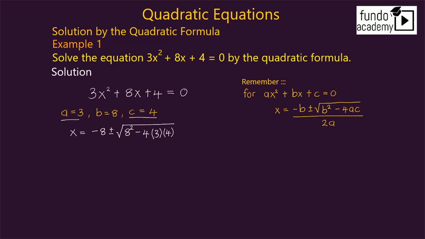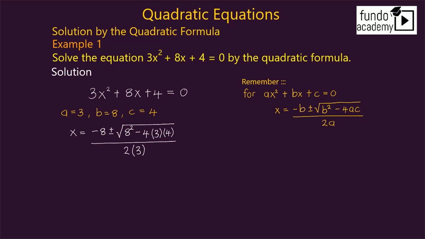And this is all divided by 2a. 2a means 2 times our a, which is 3, so it's divided by 2 times 3. Alright, so we've substituted our values of a, b and c into the formula.